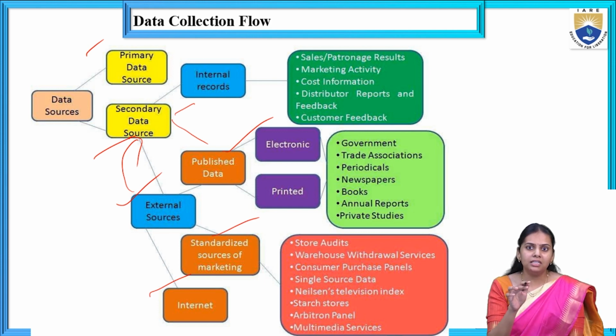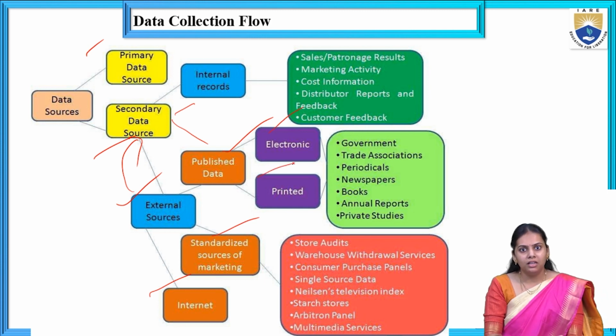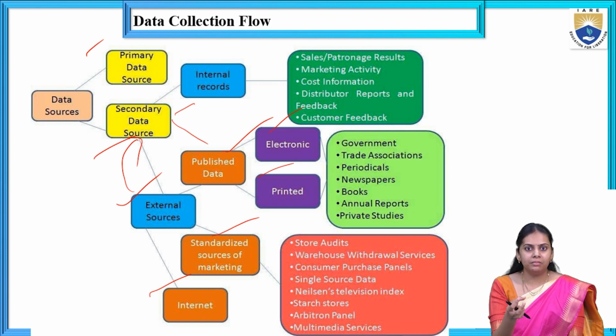And published data is in two categories, either electronic or printed. If I go with the proceedings book of international conferences, they provide a printed proceedings book, and when we go through it, we have a lot of published articles in those proceedings. If it is really relevant to our work, we can take from the published conference proceedings. That is printed.